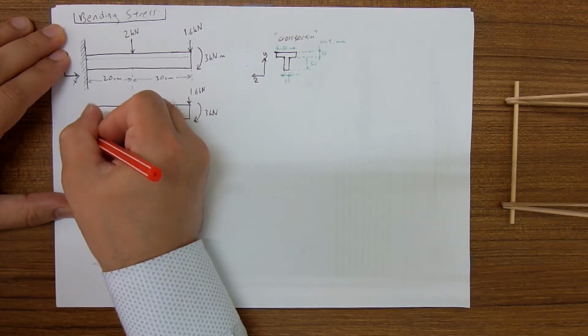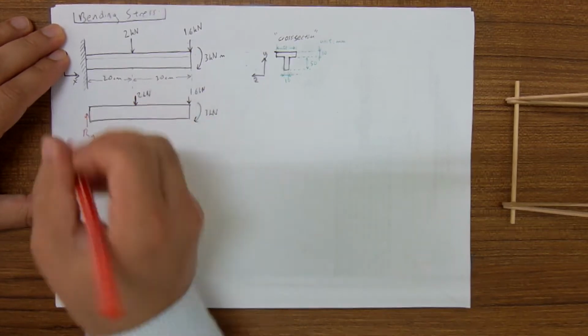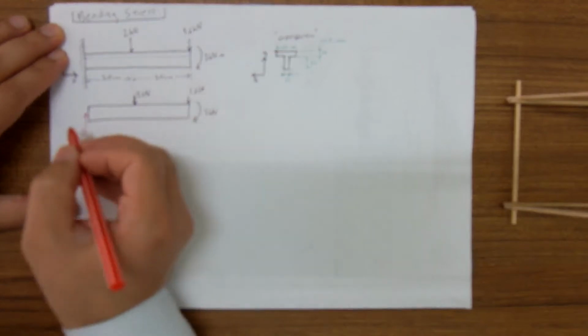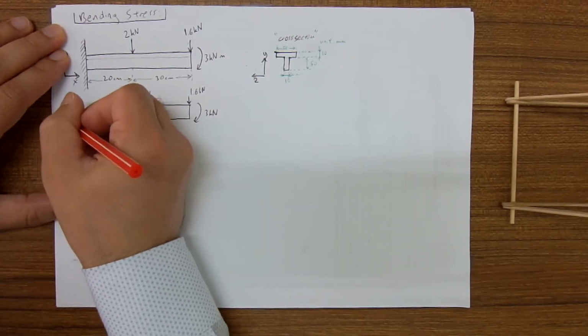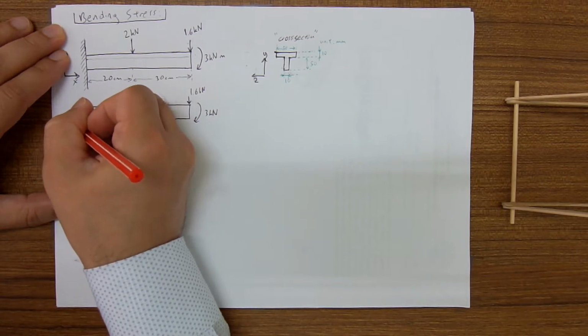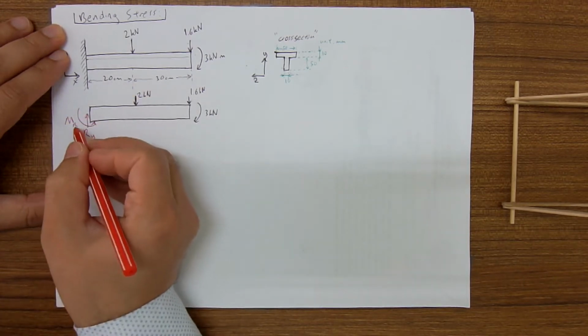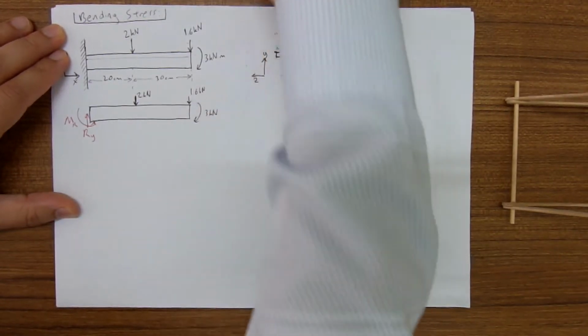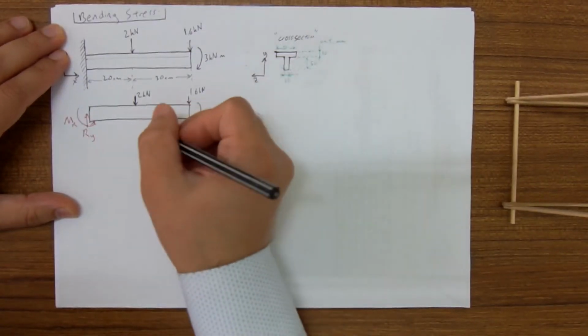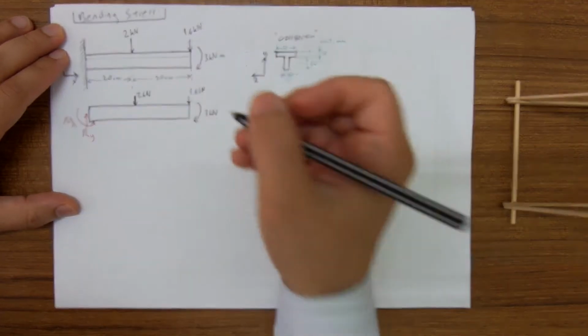I can say Ry, and also I will have a reaction moment, and let's call it Mr, reaction moment. In order to find them, we write free body equilibrium equations.